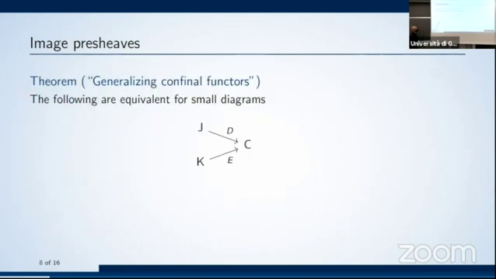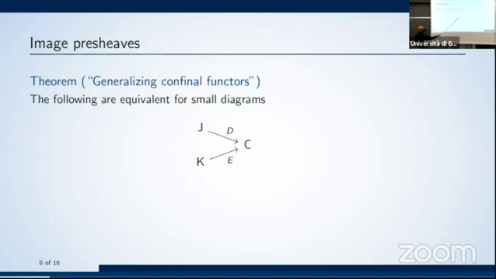This is crucial. So what can we say about this image presheaf construction? The first thing is that they refine the theory of cofinal functors, which we call confinal here. Maybe see the paper for why, but it's those functors that always preserve colimits when they exist.